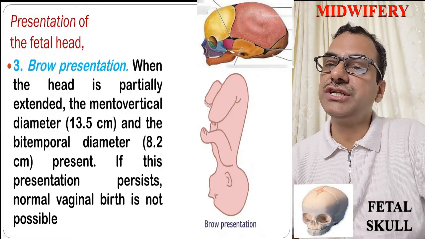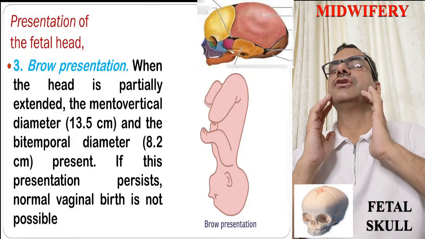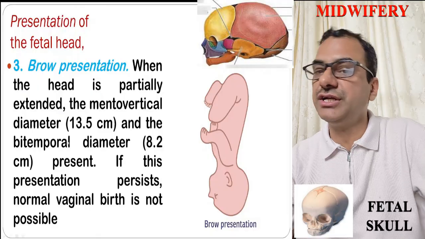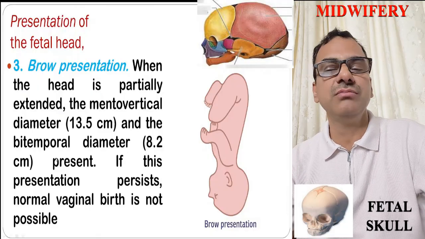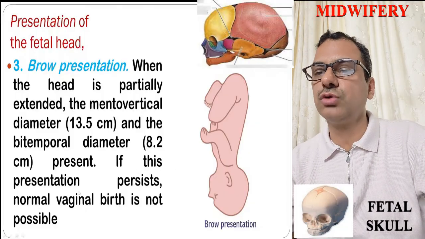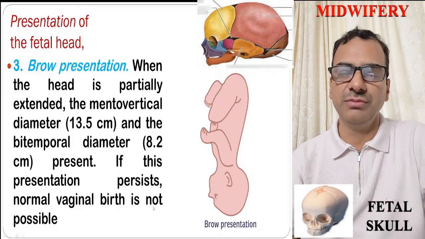Then brow presentation. In brow presentation, the head is partially extended, not fully extended, and the mentovertical diameter and bitemporal diameter will be the presenting diameters. If this presentation persists, normal vaginal birth is not possible. Caesarean section will be advised.